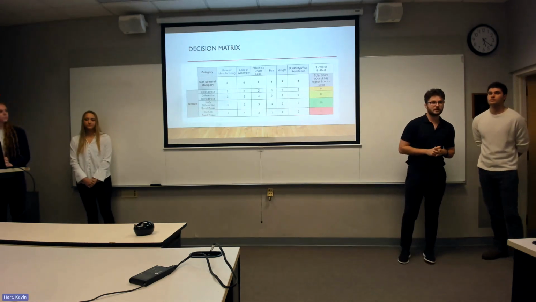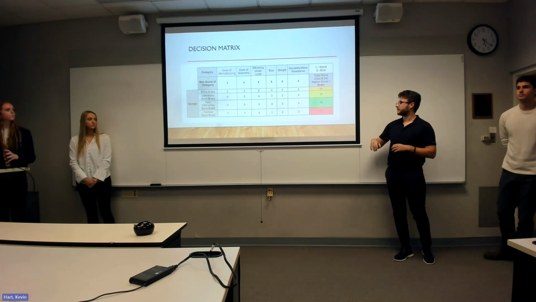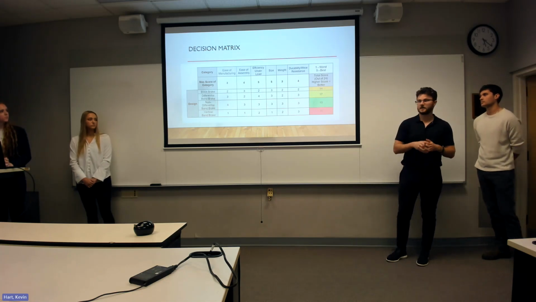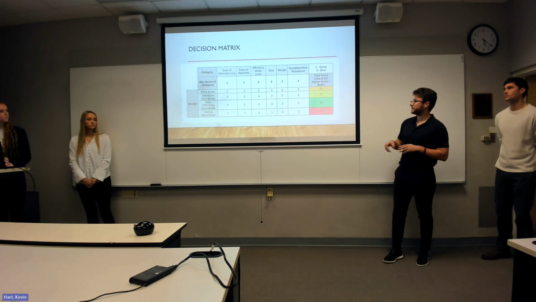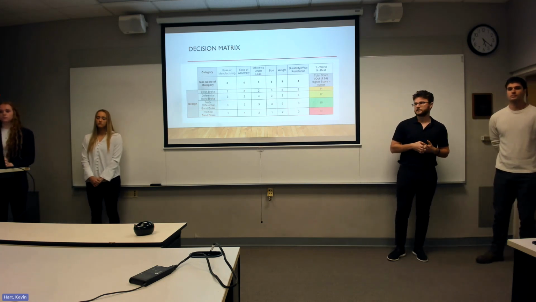So we put all four of those designs into a decision matrix. It should be noted that the higher score a design gets is the better. So as you can see here, these 6 categories were pretty much just based off of our design constraints and objectives.